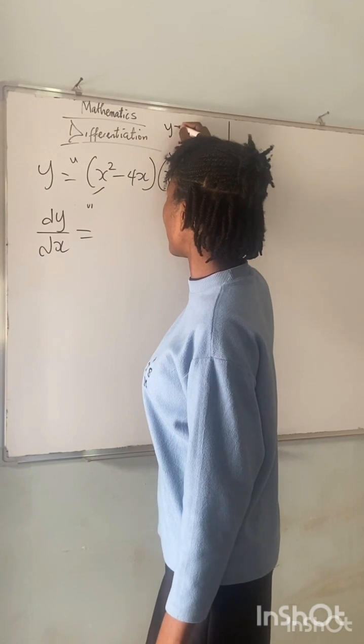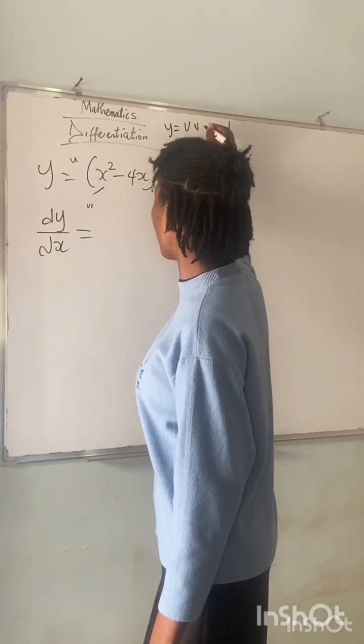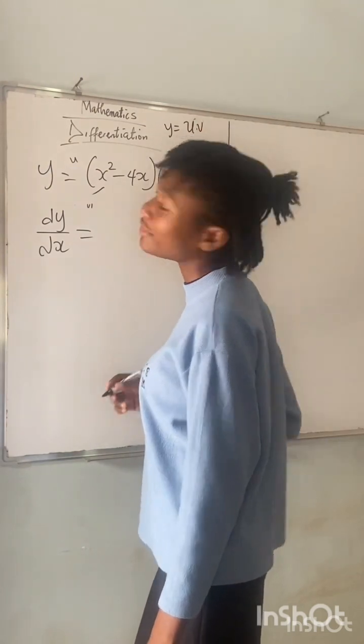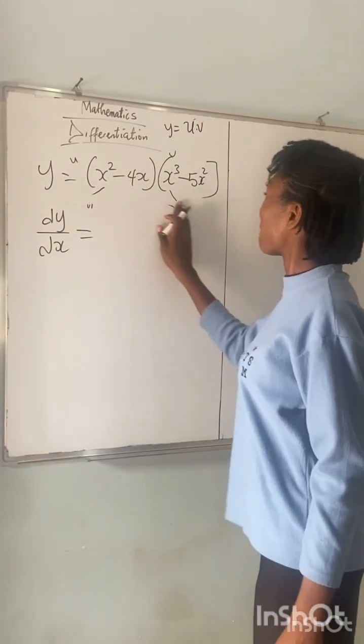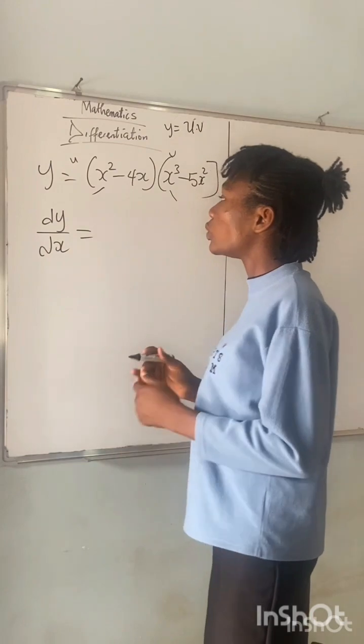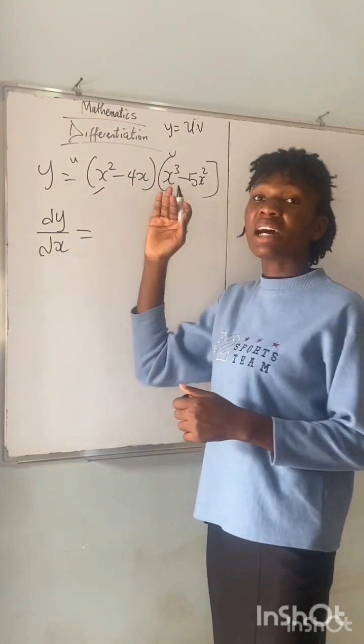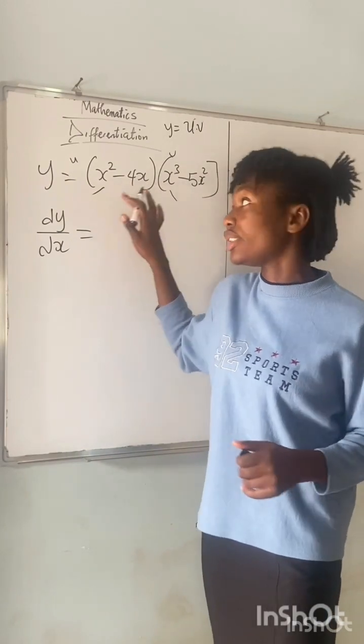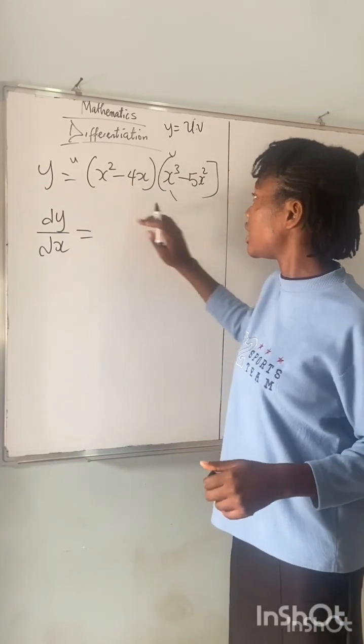So our y is equal to u multiplied by v. When our y is a function of the product of two given expressions, how do we differentiate y?